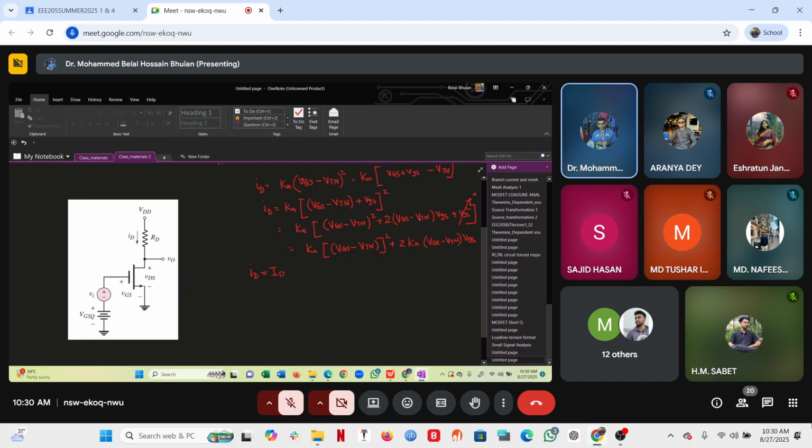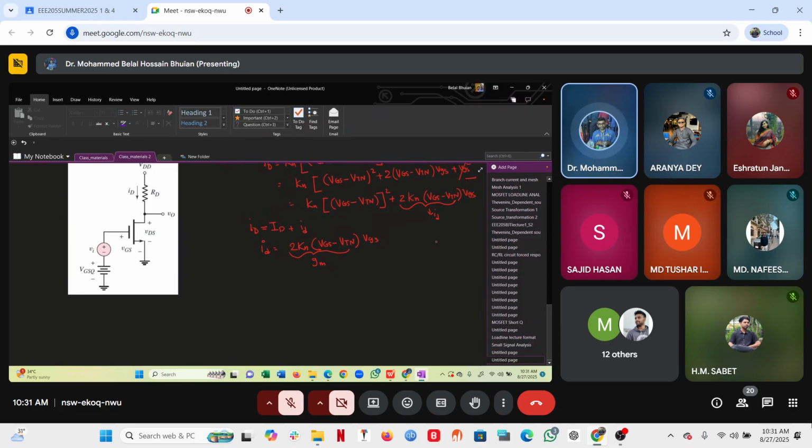One is DC ID and the other component must be the small signal ID, our small signal drain current, which is 2 Kn (VGS minus VTN) times small signal VGS. We call that factor our GM, so small signal ID is equal to GM times small signal VGS. So GM is equal to small signal ID over small signal VGS, which is in fact equal to 2 Kn (VGS minus VTN).